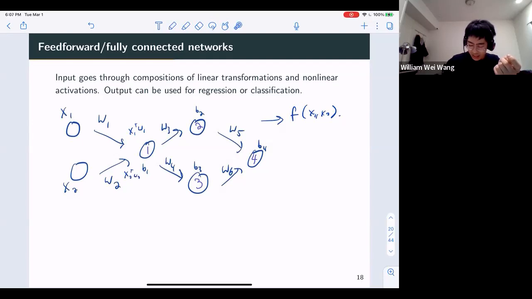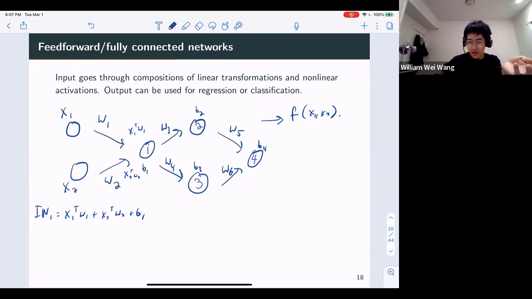Now I'm labeling this what's called neuron here as 1. The input of this neuron would be the sum of these guys plus a bias term, which I denoted B1. I'll call this input to neuron 1.